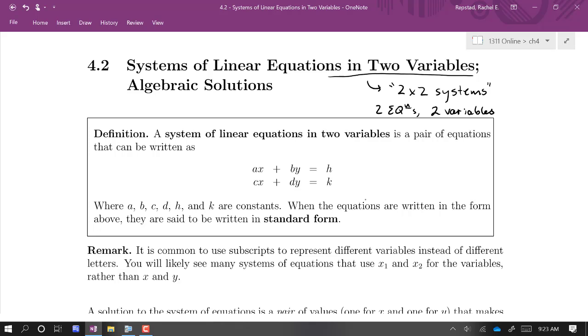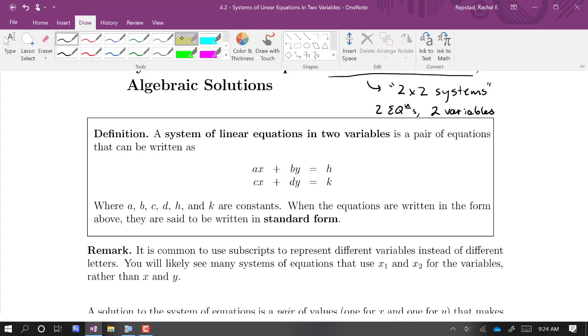So in these equations that we're going to be solving, our two variables are usually x and y. It's also pretty common when you're working with systems of equations to have variables written using the same letter but different subscripts.